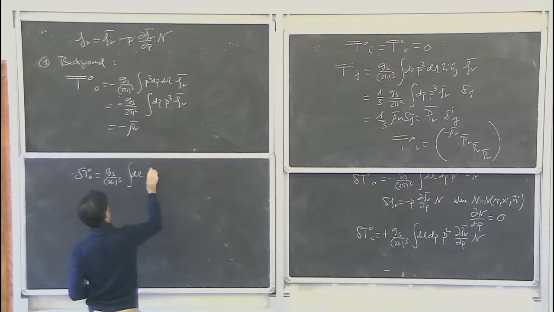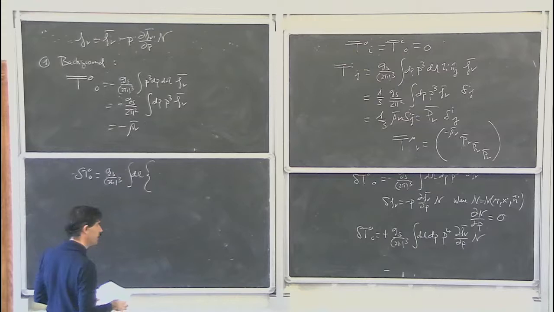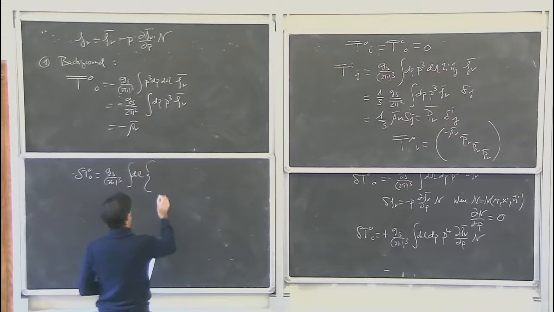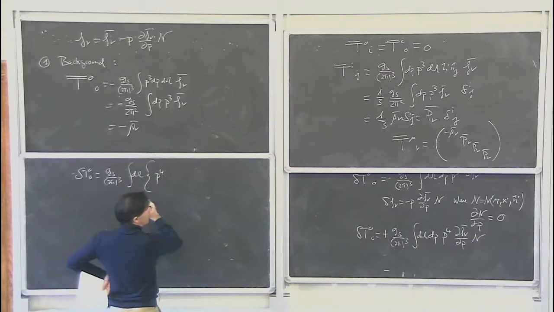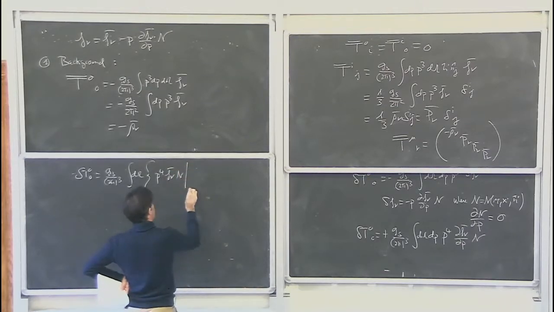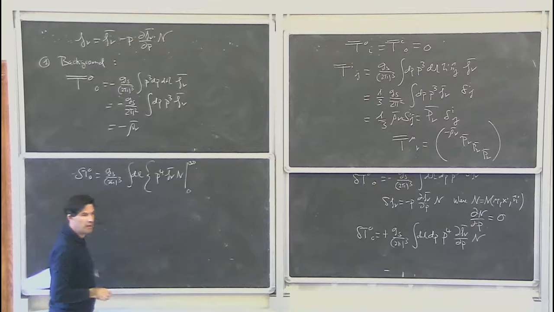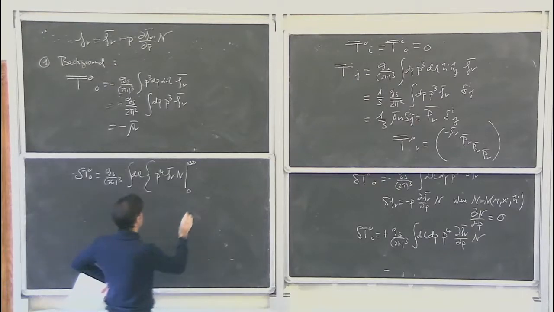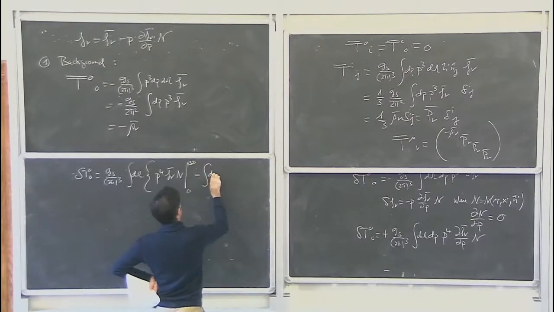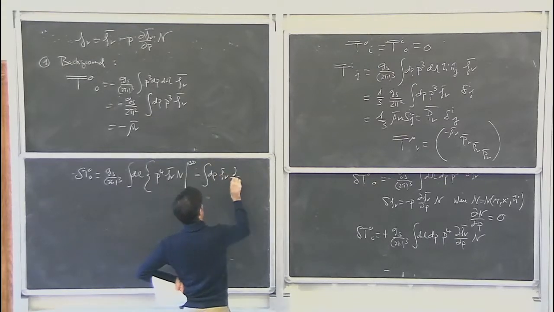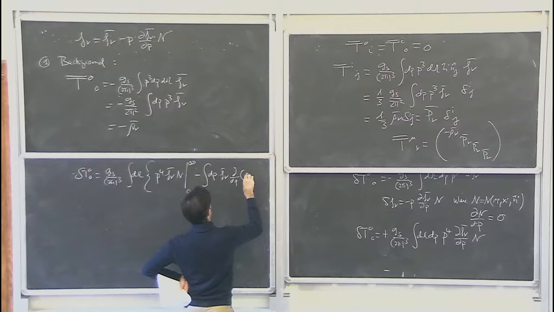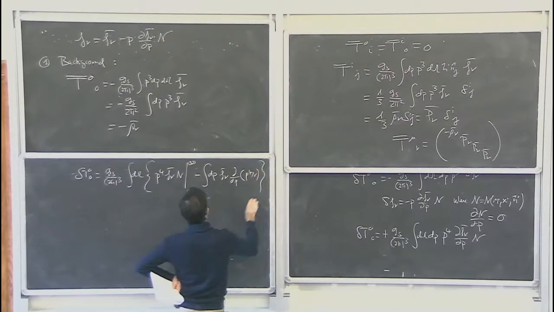So let me just take this out and focus on the momenta. We have p to the 4, f nu n evaluated at the boundaries, and then we have minus integral dp f nu, and we need to take the derivative of p to the 4 n.